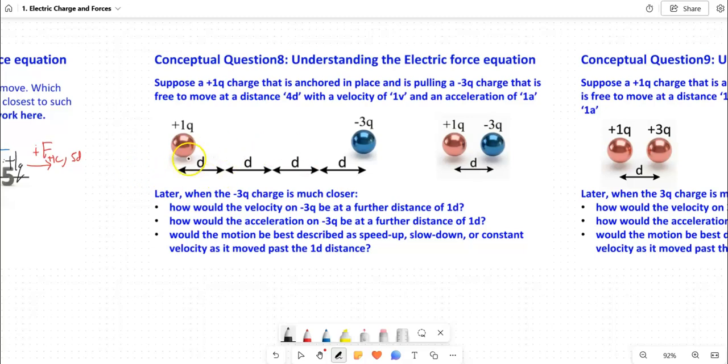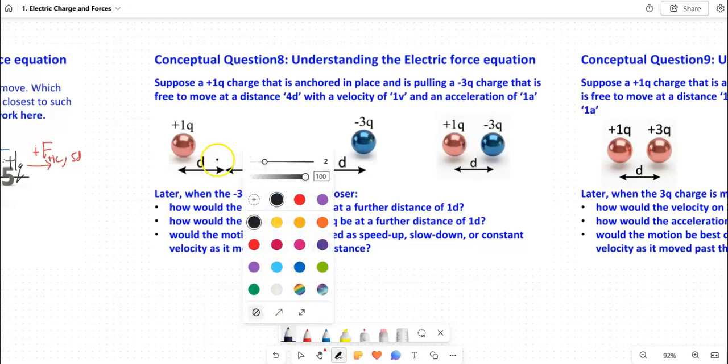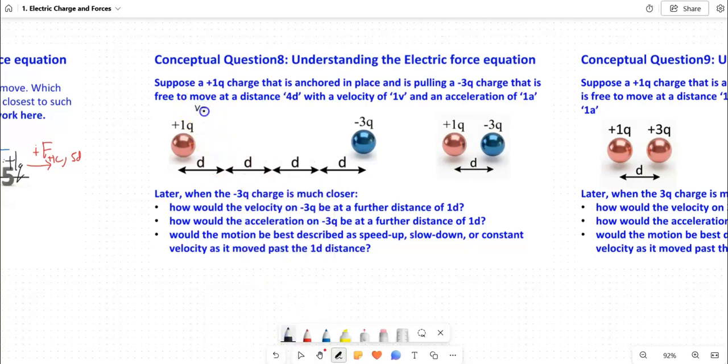And when they finally got to a distance 4d apart, this guy has a velocity at this point of 1v to the right. So at this point, this positive 1q charge has a velocity to the right of 1, like 1 meter per second, and it's also got an acceleration to the right of positive 1 acceleration. Okay?